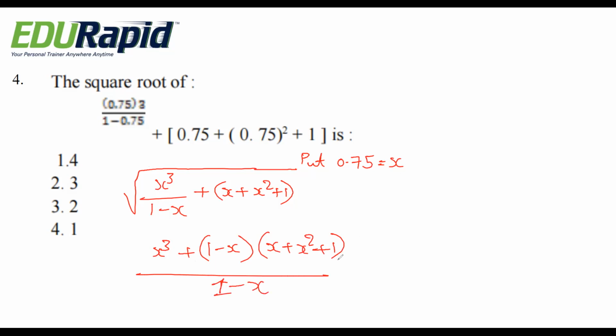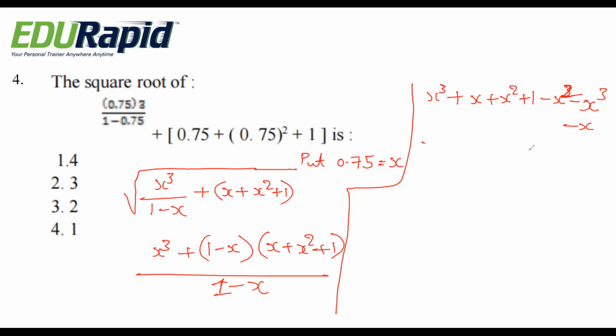Then x cube plus x plus x square plus 1 minus x square minus x cube minus x, divided by 1 minus x.